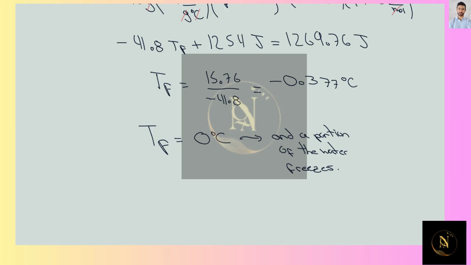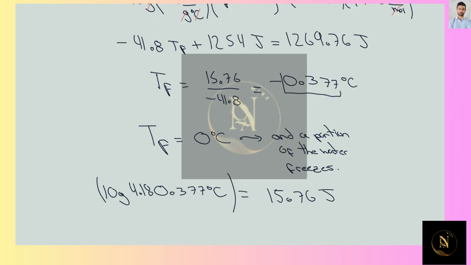Now, how do we know what portion of the water is going to freeze? Well, let's calculate the amount of heat required to decrease 0.377 degrees Celsius. So, to have this change of temperature, we're going to require, for the 10 grams of water, 15.76 joules.